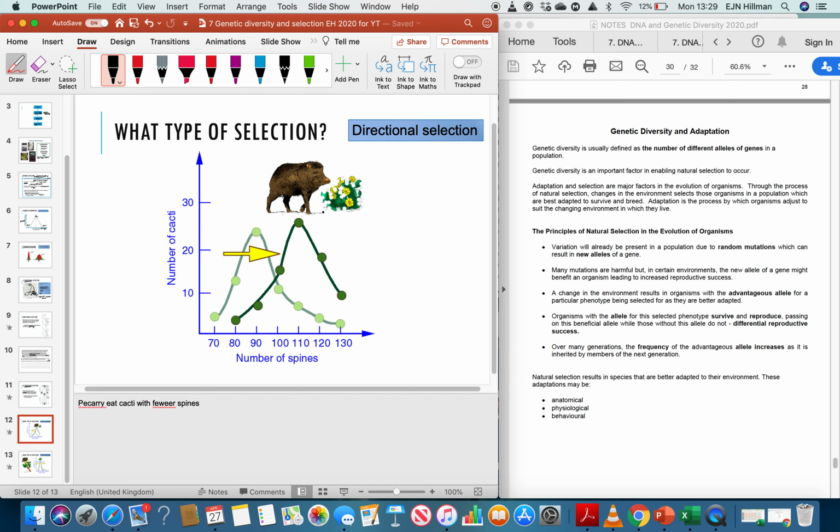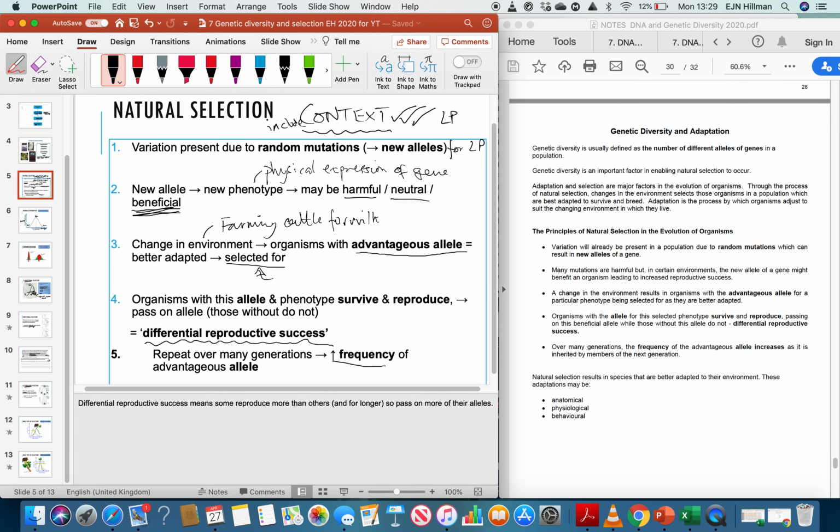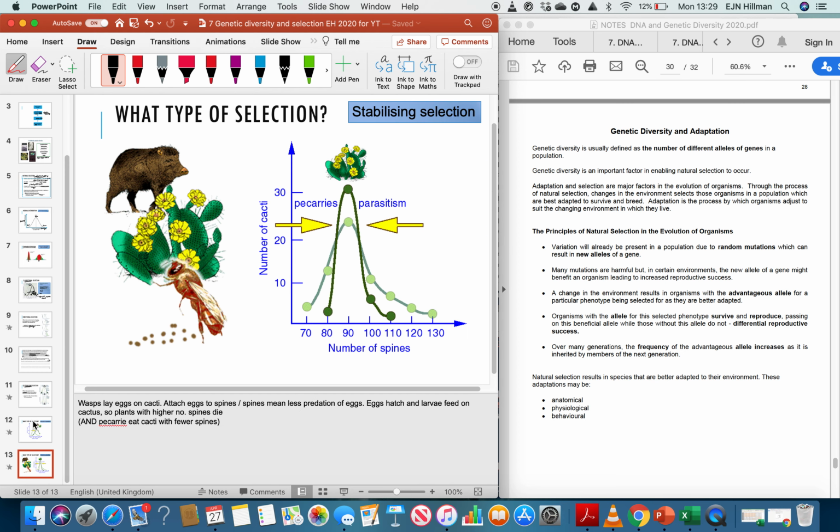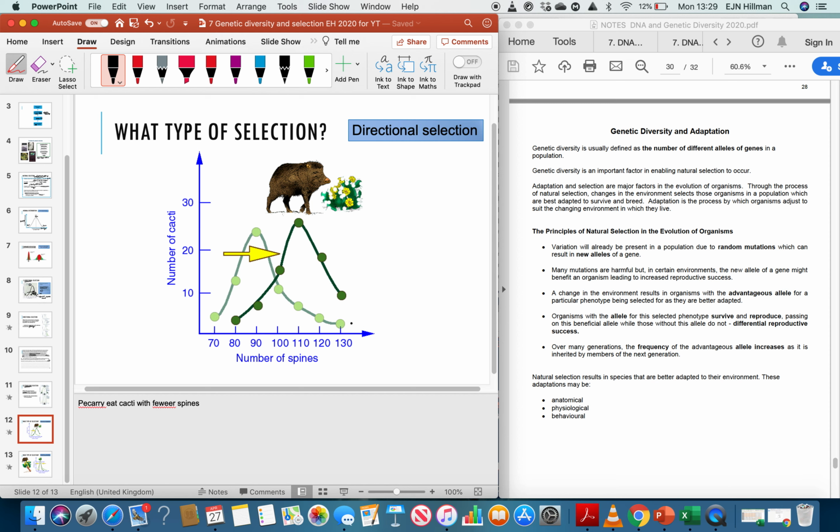But introduction of this species, this peccary, the phenotypes with the greater number of spines are advantageous. So here we can see in the original population there is a range in the number of spines. So there is variation due to random mutations.